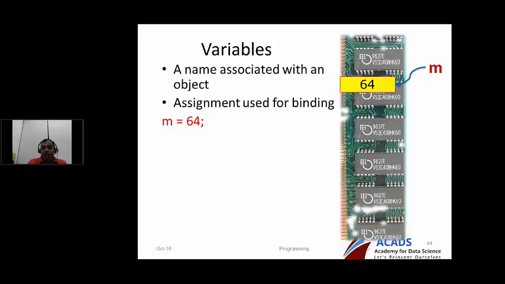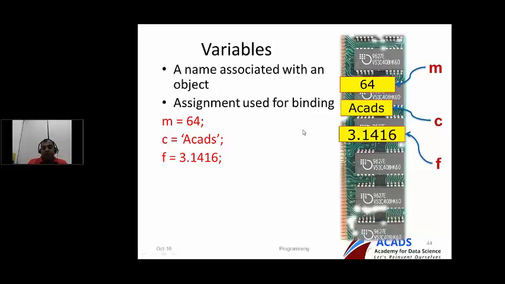Note that unlike C, C++, Java, we are not supposed to give a type name to the variable that we are using. Python figures out the type by itself. So when we say m equal to 64, Python figures out that this is an integer variable. It allocates big enough memory for holding the value and then starts referring to this location as m. You can store strings or floating point numbers in a variable.